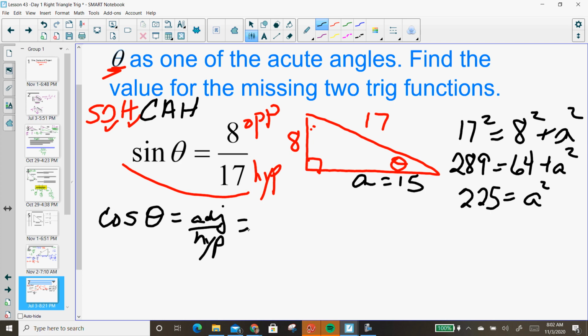How big is your adjacent side over how big is your hypotenuse? And what do we have? Hit enter. So adjacent is indeed 15, hypotenuse is 17, and then that leaves tangent.